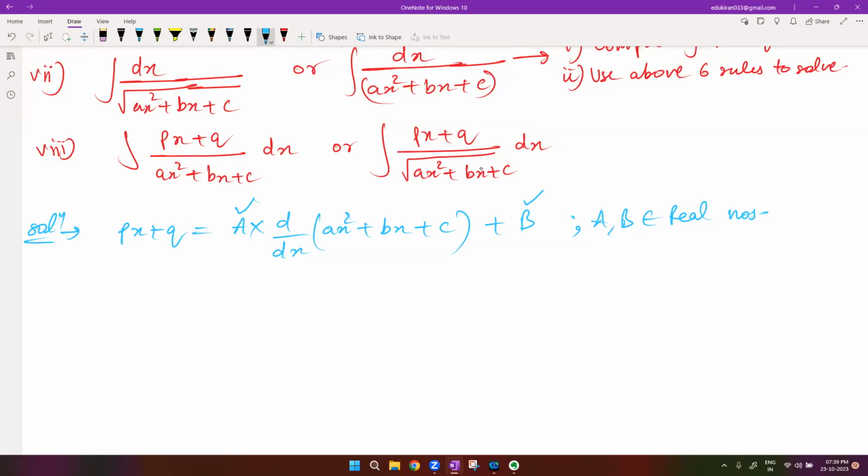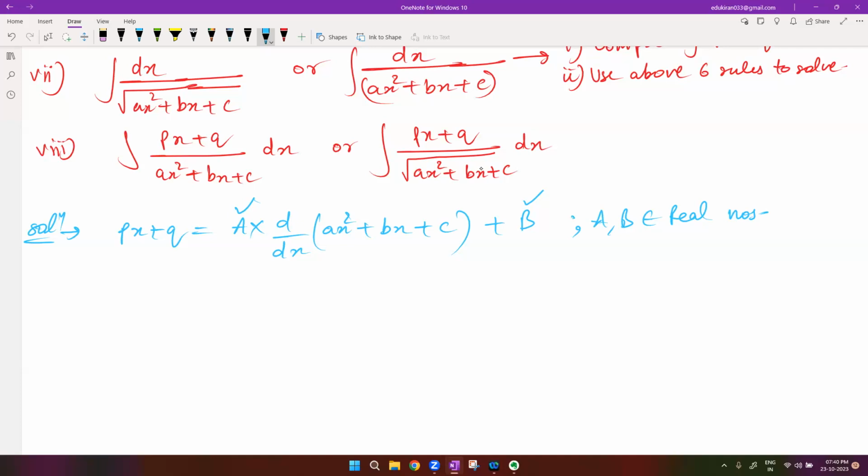Now understand, the differentiation of a quadratic function will be a linear function. If you differentiate x square, it is 2x, right? So the linear part, this linear equation px plus q, can actually be written as a into the differentiation of the denominator plus b. Now if you write it like this, what does it change? How will it be solved now?